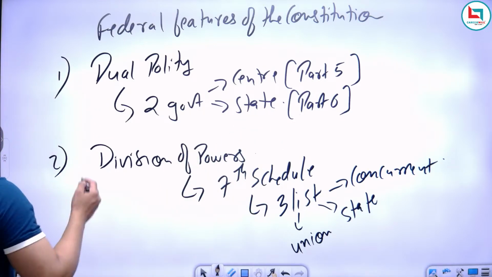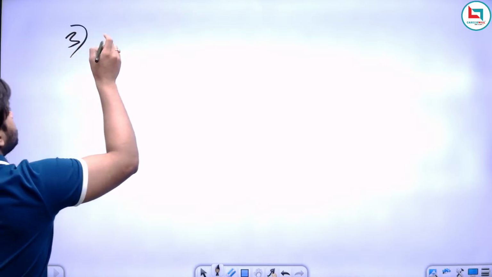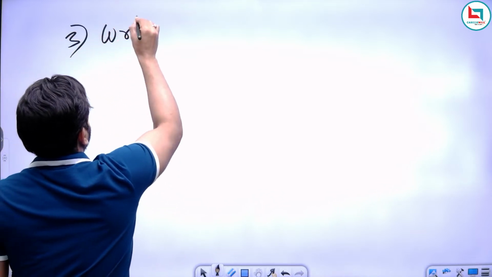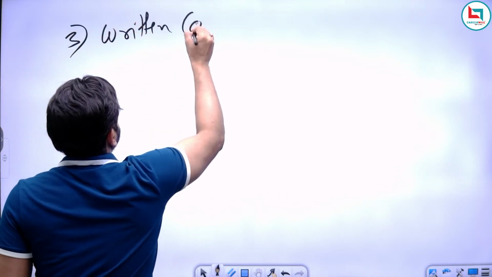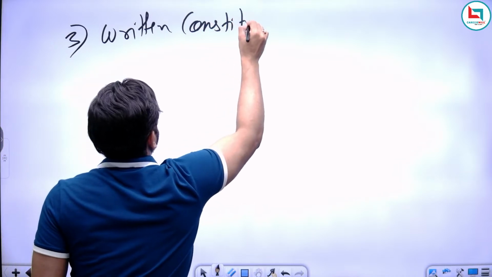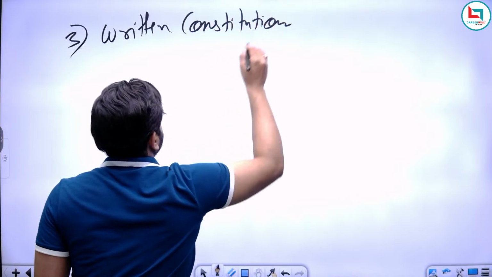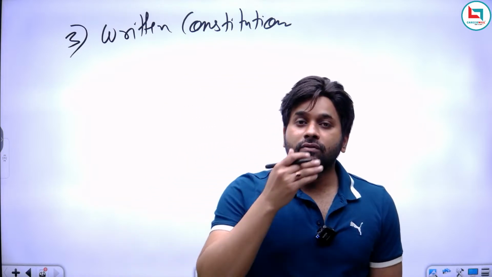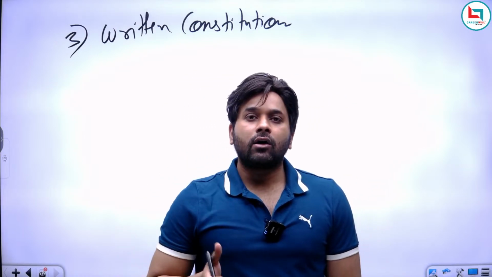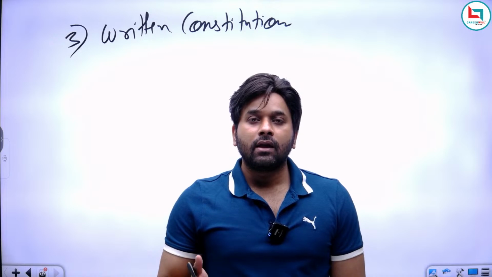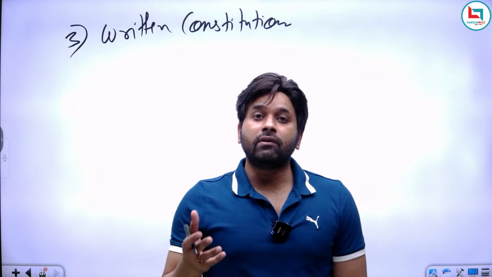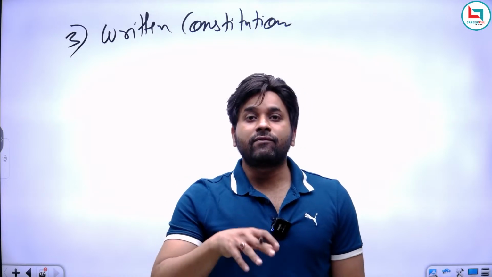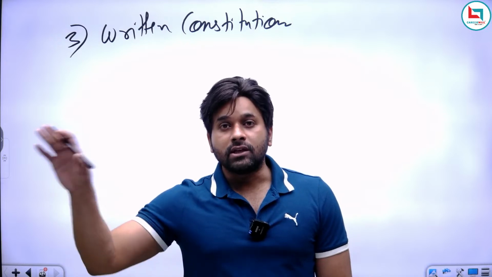Now the third feature is written constitution. See, it is important that all these things are written somewhere. If these things are not codified, or not written somewhere, then it will be difficult even for states to convince that they have the power to make law on a particular thing.